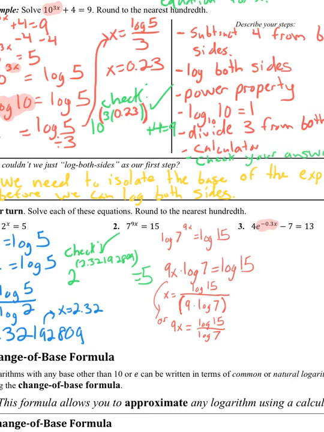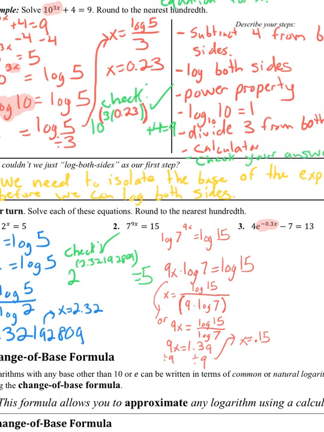And then I'm going to get some weird number in there, 9x equals like 1.39. But right now I'm already starting to round, so that's going to lead to my answer being more off at the very end. So we just have to be careful with that. And then I can divide both sides by 9. So if I want to do it one step at a time, I can. And I end up getting like 0.15 here for this one.